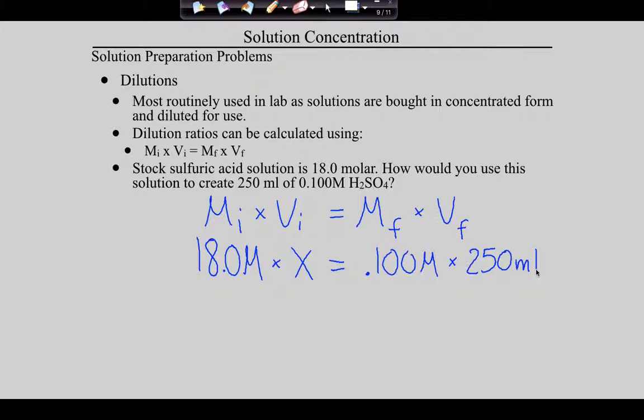Did I screw up? Am I okay? Okay. So guys, let's solve this. So we go 0.1 times 250 divided by 18. 3 significant digits. We'll assume that the 250 is perfect.